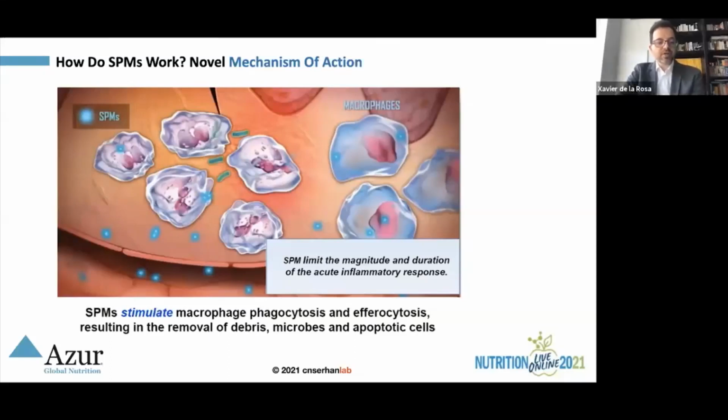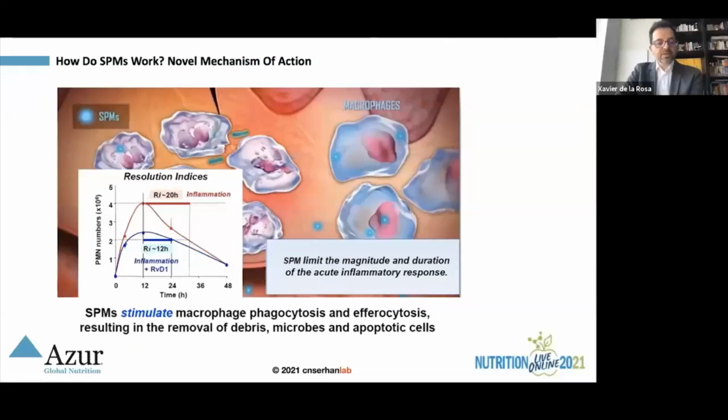And then when macrophages encounter the SPMs, they increase phagocytosis and efferocytosis to remove debris and apoptotic cells, as well as killing microbes. It is using these resolution indices in experimental settings, introduced by Serhan, that gives the mechanisms of action of specialized pro-resolving mediators and allows us to quantify and study how they accelerate resolution.